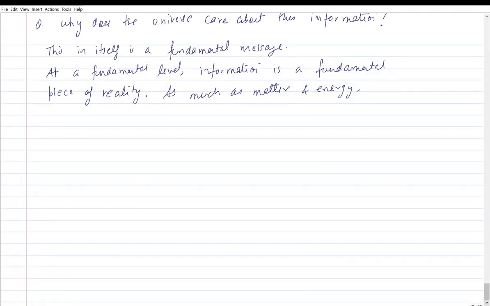And so where do we go from here? Maybe, just maybe, some of you are not very satisfied with this philosophical approach. Why does the universe care about information about what path or what alternative the electron chose? Maybe you want to argue, maybe the process of observing the electron has disturbed them.